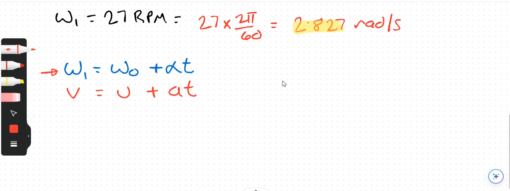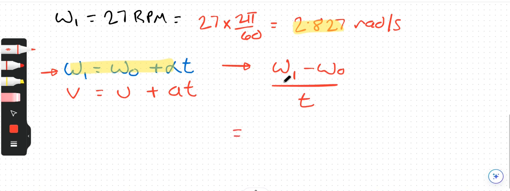So we can rearrange this formula to find our angular acceleration. It's going to be omega 1, which we know, take away omega 0, which we know, divided by the time, which we know.